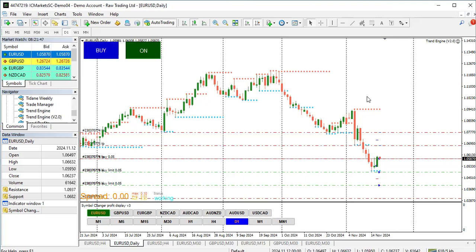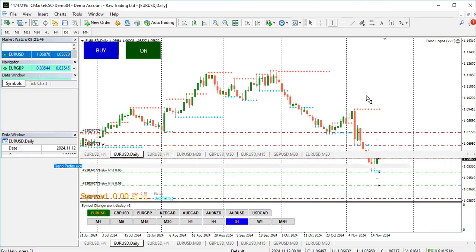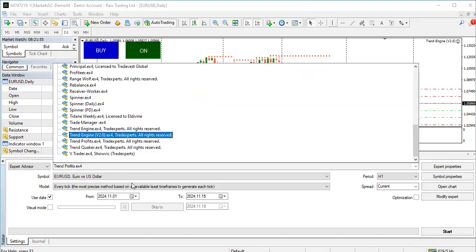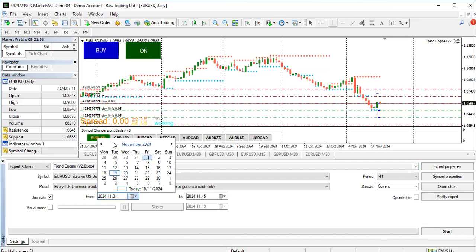So now I'm going to run a back test. If we open Control R and load in our Trend Engine version 2.0. All right, the available data of this goes back to October 2023, so I'm basically going to start from the 23rd.